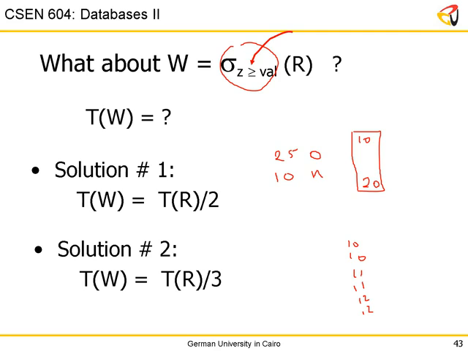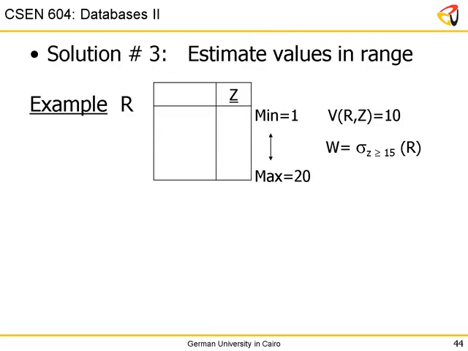Now there is a more sophisticated approach to answer such a query, which is to keep, in addition to the number of unique values in every column, the minimum and maximum value.